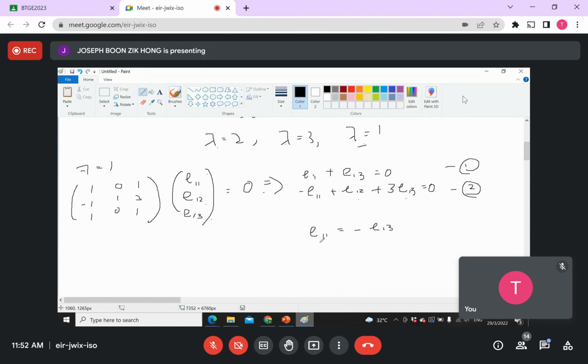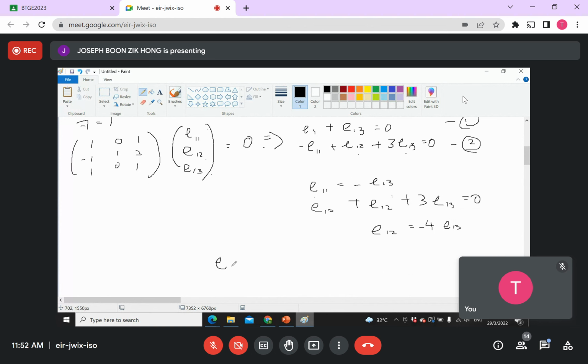We try to express e11 in terms of e13, and e12 in terms of e13 as well. So we substitute e11 as negative e13, then I will have negative of negative e13, that is e13, plus e12 plus 3e13 equal to 0. So that means e12 is equal to negative 4 e13.